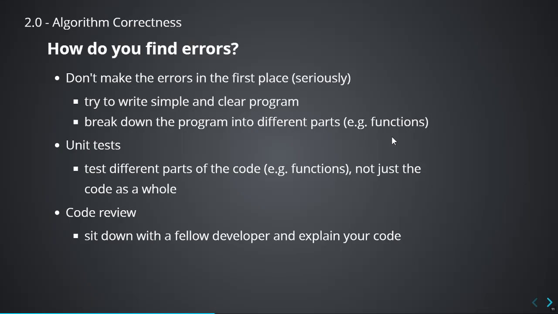Well, you have to explain your code to your colleague, sometimes your boss, sometimes your manager, which can be a scary thing to do. You have to explain how it works, and your colleague, your manager, whoever is going to listen in, will try to spot bugs, or they're going to see, oh, does it make sense? Or can I see any mistakes? So that's what a code review is.